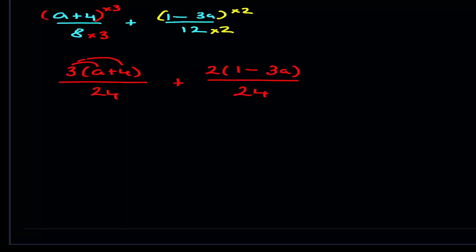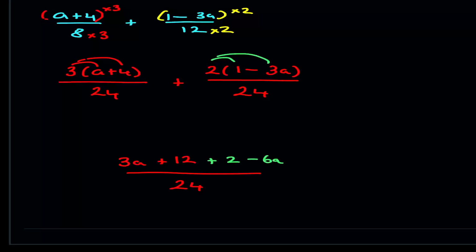And because the denominator is the same, we could just combine them. So 3 times a is 3a, 3 times 4 is 12. And then we're also just going to multiply those two out. So plus 2 times 1, which is 2, and 2 multiplied by negative 3a is negative 6a.